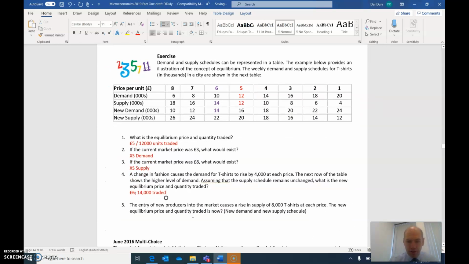In terms of the fifth question, if there are new entrants into the market and they're going to supply 8,000 new t-shirts, I'm now looking at the new demand curve and new supply curve, these two rows here, and where they are equal, and it is here at a price of £4, apologies, and 18,000 traded.